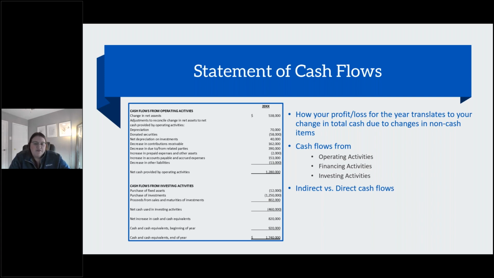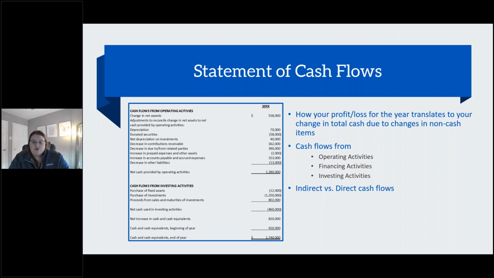And then finally, you have your investing activities. This would be your cash flows used to fund the future of the organization. So that would be your purchase of a building, purchase of other assets, change related to your investment portfolio, things like that. And I do just want to note, what's in front of you is an indirect cash flow.